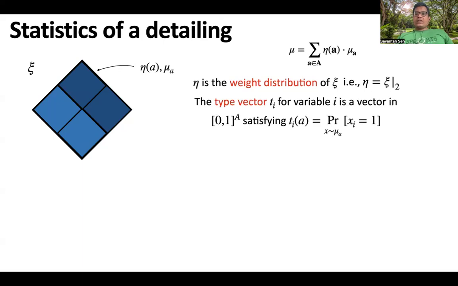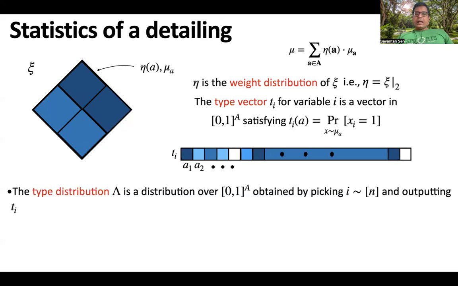Once we have eta, we can similarly define the notion of a type vector, which captures the probability of the variable i being 1 when a sample is drawn from the component distribution mu_a.